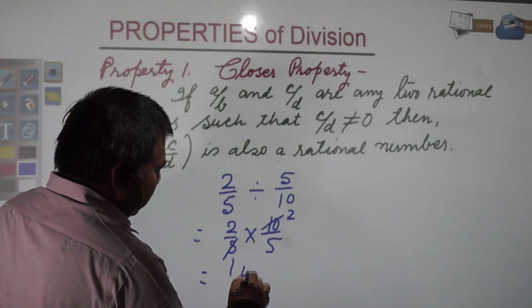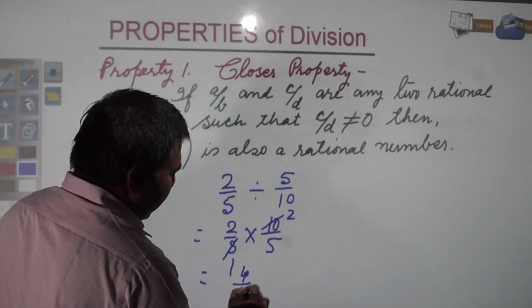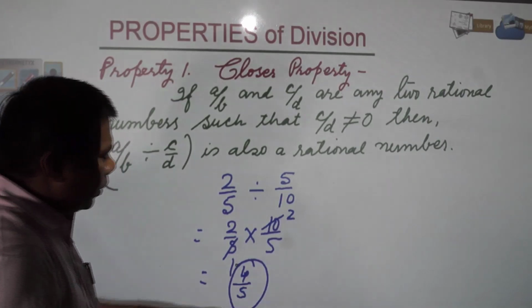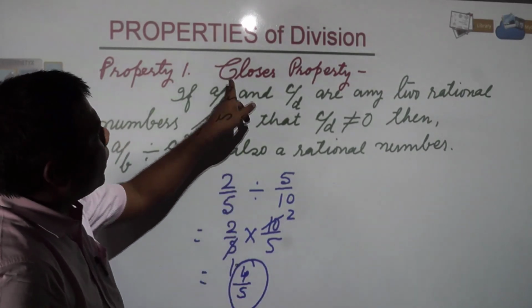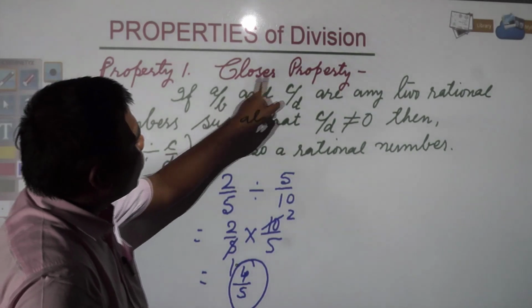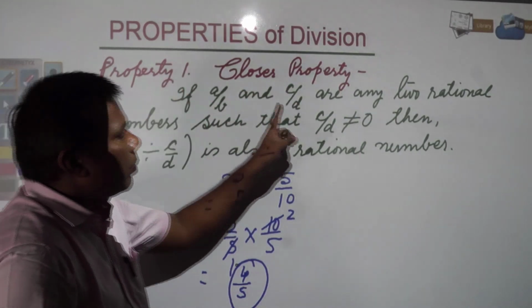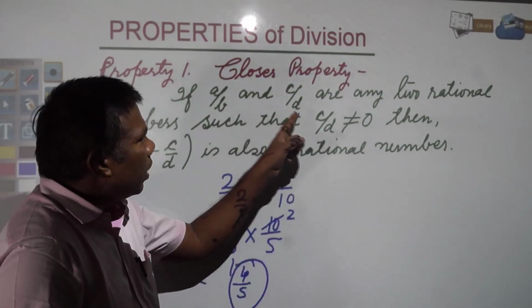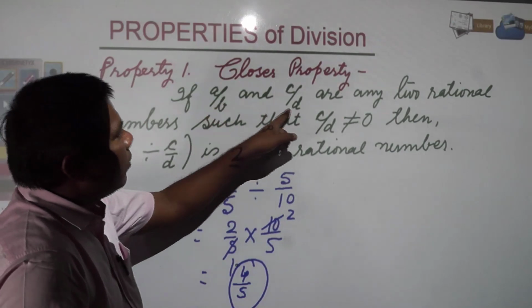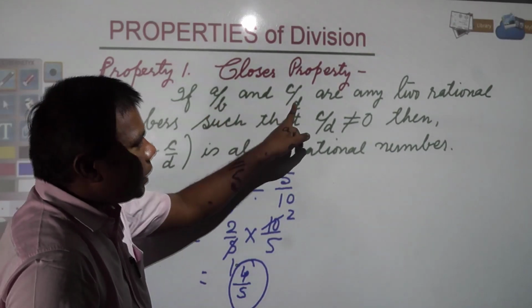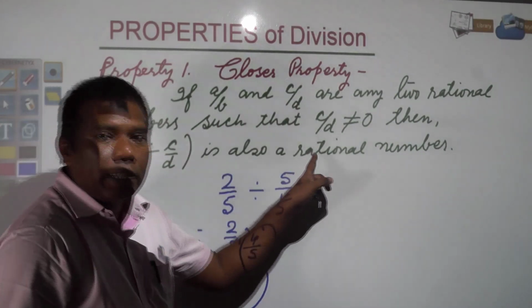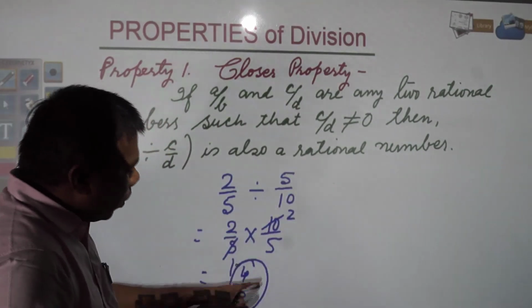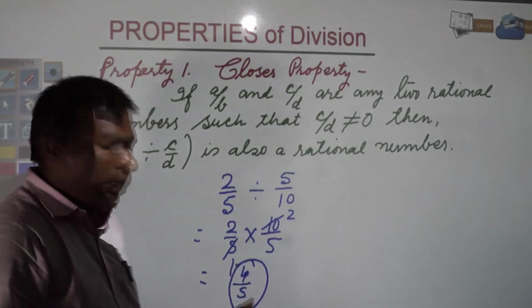So it will be 4 by 5. The rational number you are getting is also a rational number. So what property does it show? Closure property. If you have two rational numbers, the number by which you divide must not be 0, and the result you get will also be a rational number.